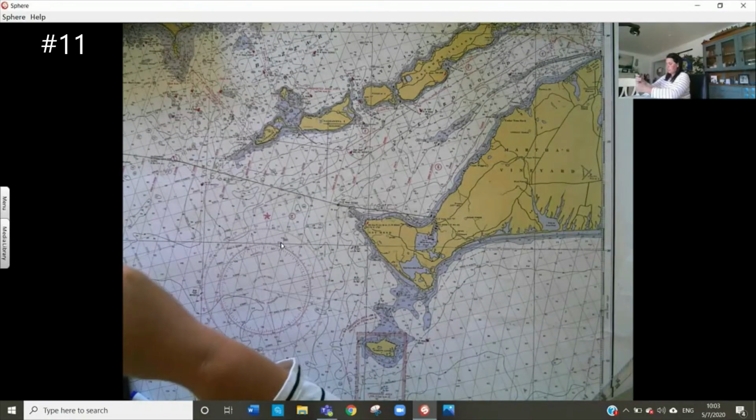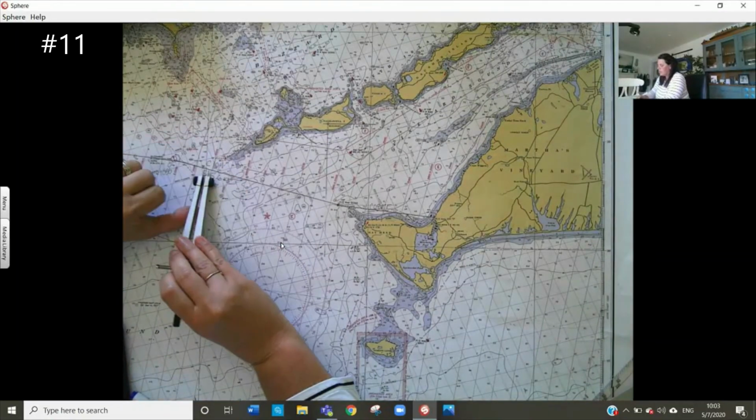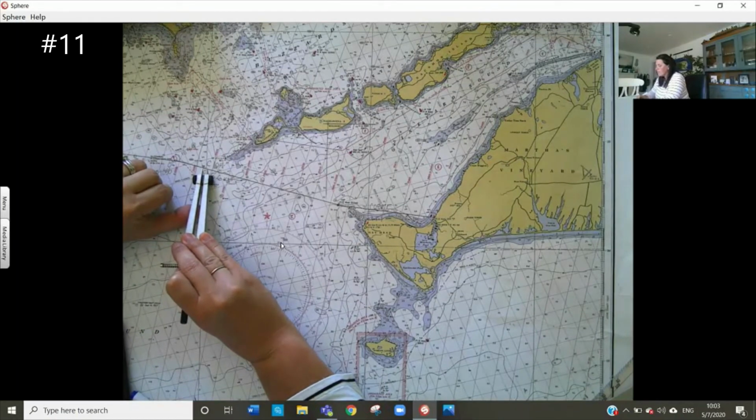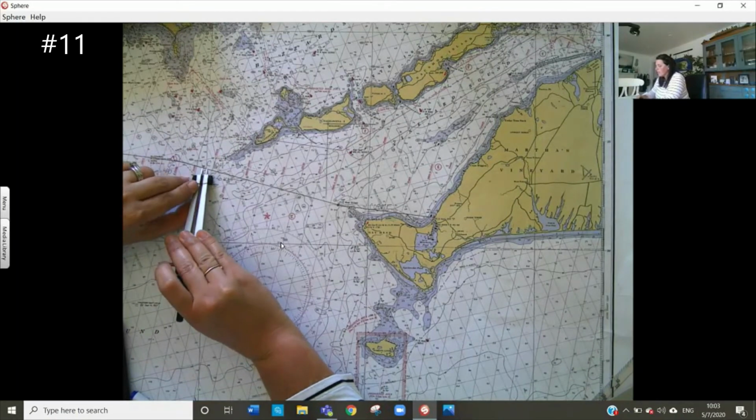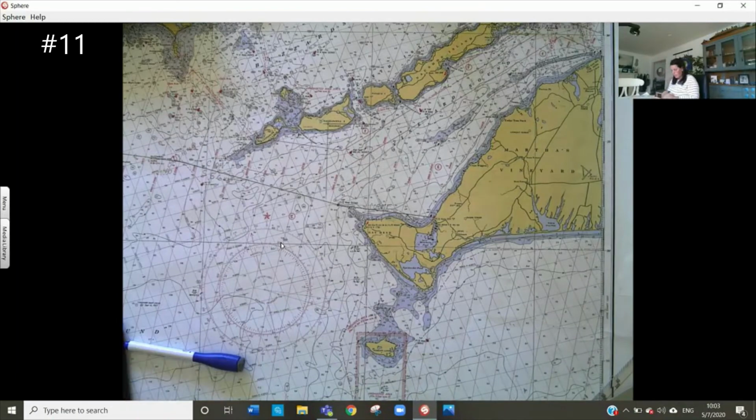For my longitude, it's just shy, right past 71, so I have down here, I know you can't see, 07100.3. So I have my position, just an exercise in getting position.